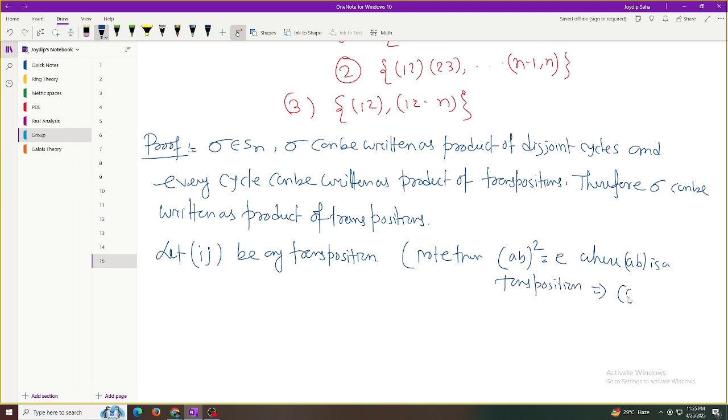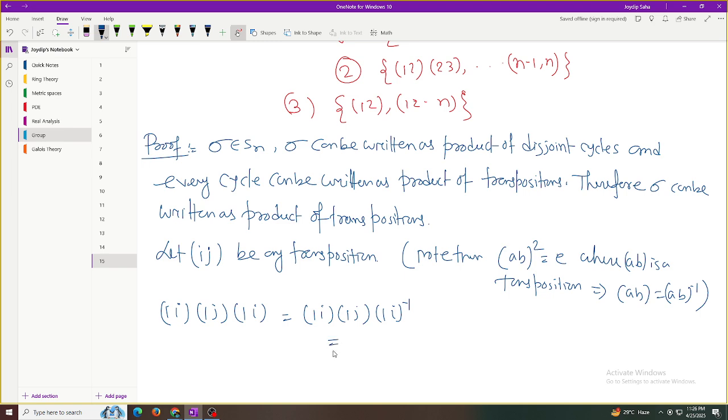This implies (a b) equals (a b) inverse. So what is (1 i)(1 j)(1 i)? This is (1 i)(1 j)(1 i) inverse.